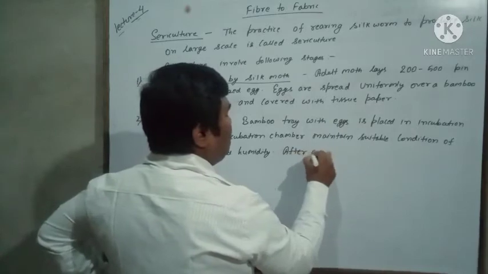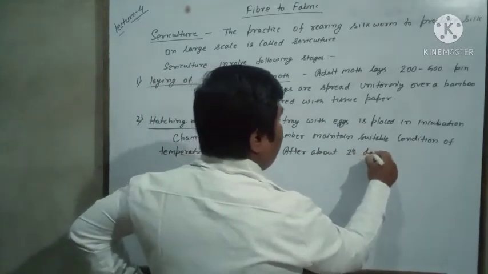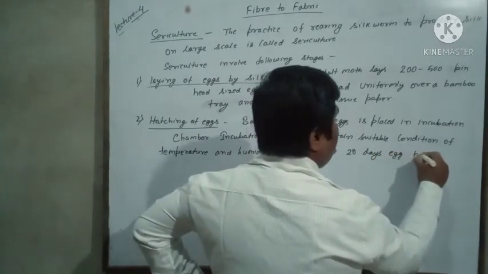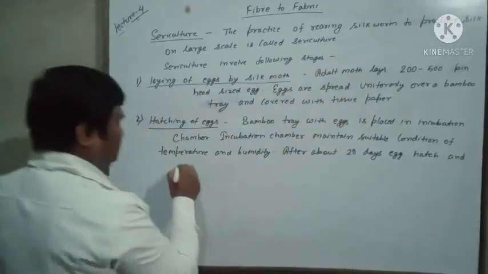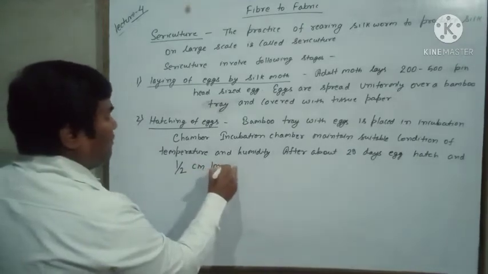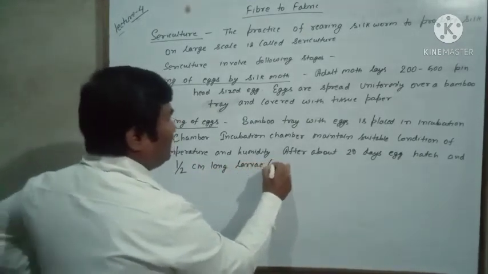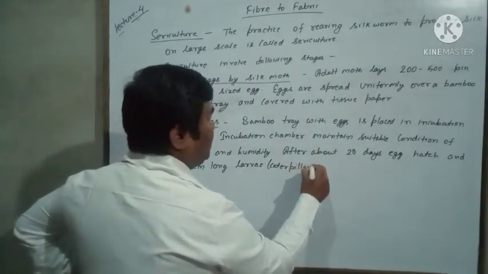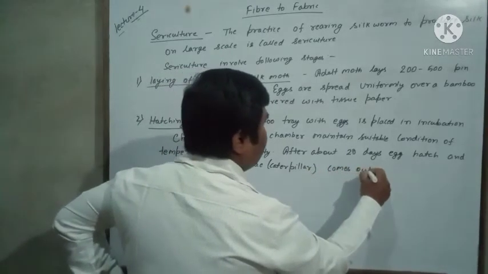After about 20 days, eggs hatch and half-centimeter long larvae, that is caterpillar, comes out.